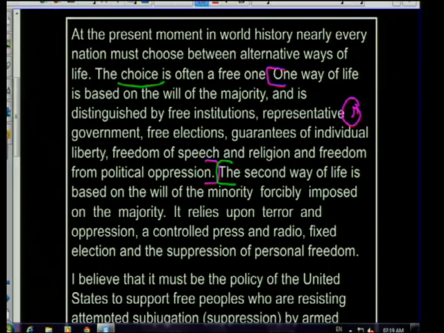The second way of life is based on the will of the minority, forcibly imposed on the majority. It relies upon terror and oppression, a controlled press and radio, fixed elections, and the suppression of personal freedom. So already you know the difference between these two ways of life. So you can pick things that are comparable between these two ways of life.